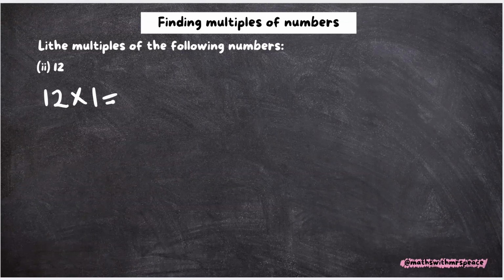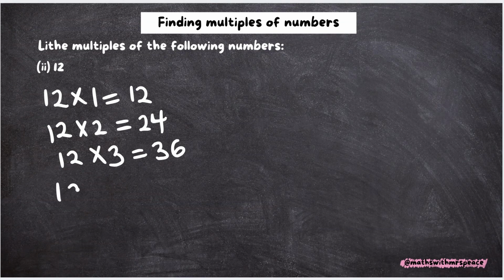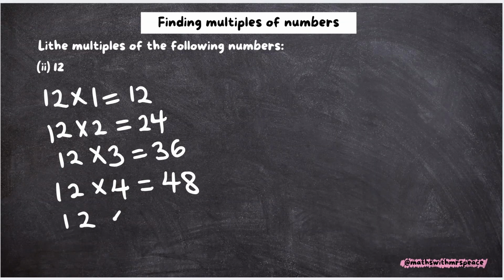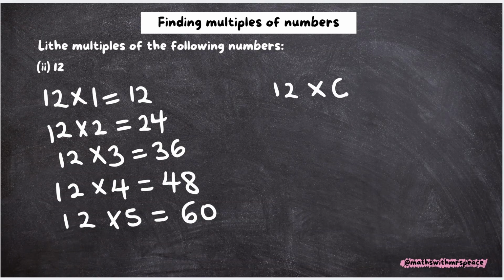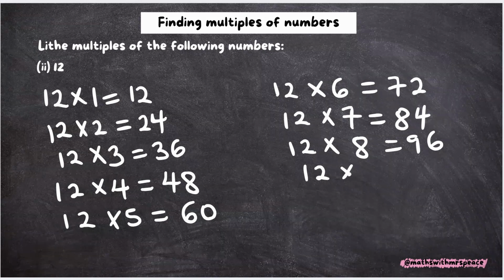12 times 1 is 12. 12 times 2 is 24. 12 times 3 is 36. 12 times 4 is 48. 12 times 5, 60. 12 times 6 is 72. 12 times 7 is 84. 12 times 8 is 96. 12 times 9 is 108.